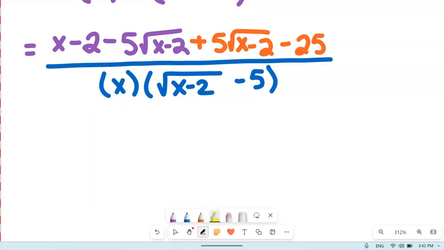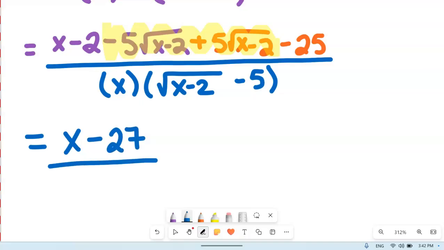Okay, now that I have done that, you should be able to see that these two center terms here are equal but opposite, and therefore would come to 0 if we combine them, which is great, because then left on the top, all we have is x minus 2 and negative 25, which is negative 27, and on the bottom, we have this expression, which I'm going to multiply through now just to see what it looks like, because the current denominator doesn't match anything in my new numerator, so I can't cancel anything.